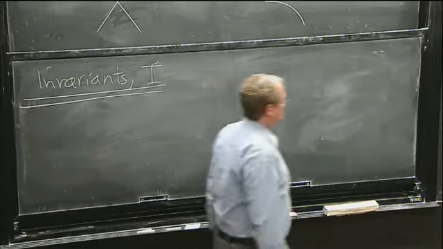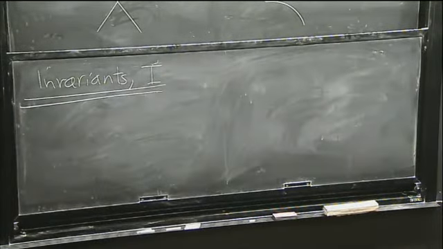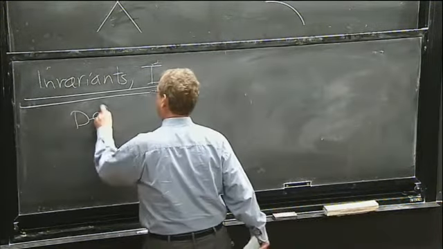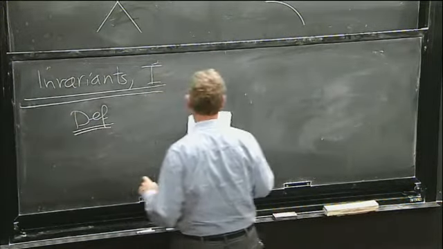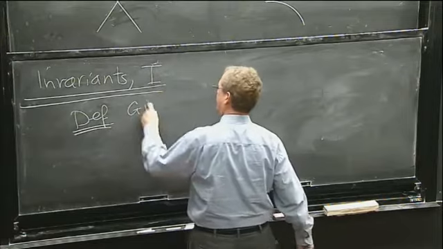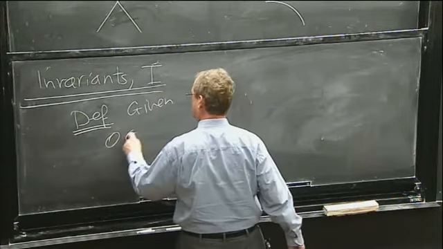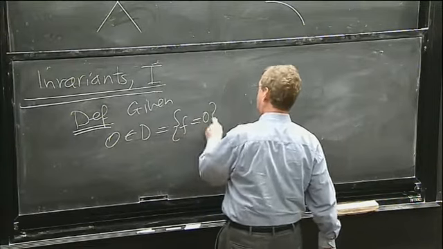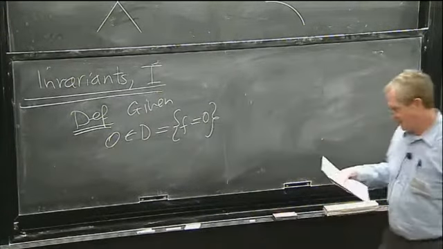The most naive invariant of a singularity like this is just its multiplicity. Let me give the definition. Remember, D is our f equals 0, but I'm also often just going to talk about f.